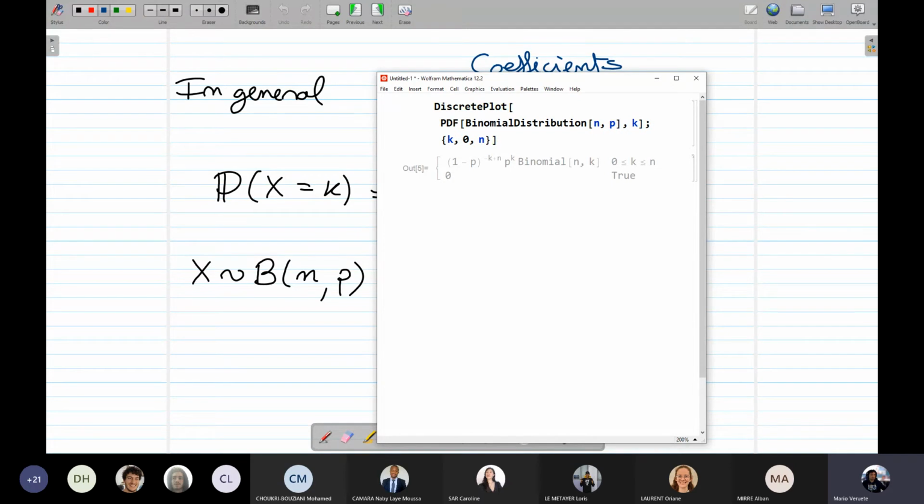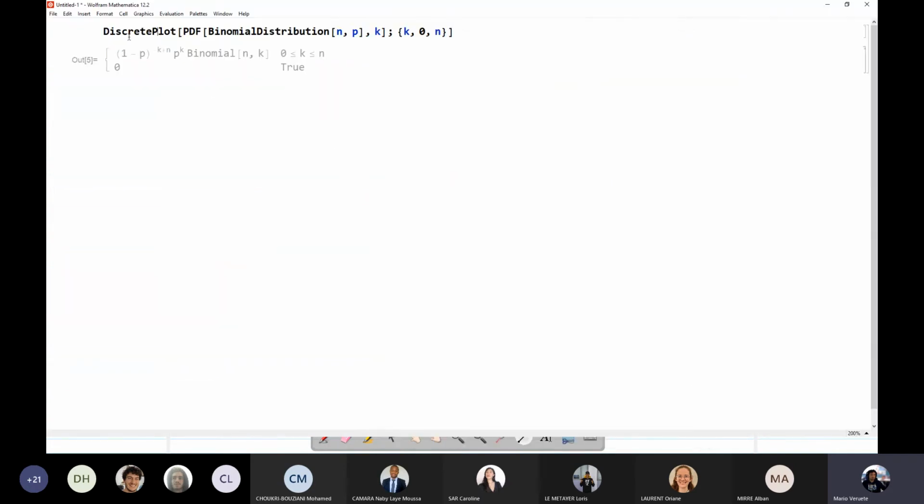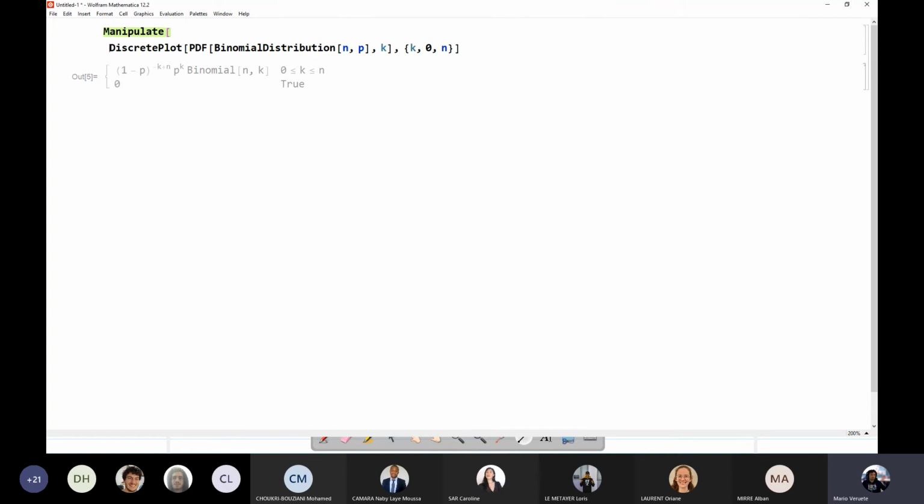Since this is a formula containing a lot of parameters, I have to manipulate them. So I say manipulate this thing for, I don't know, maybe n can be a number from 30 up to 100, and p is 1/2 for a coin, but it can also go from 0.9 to 0.999.